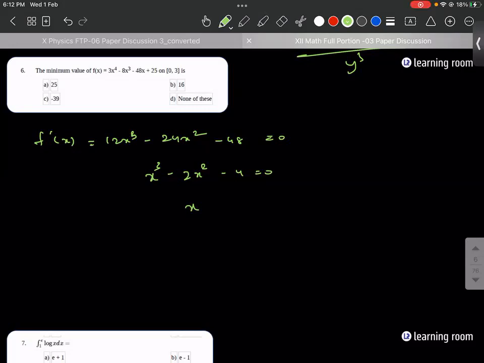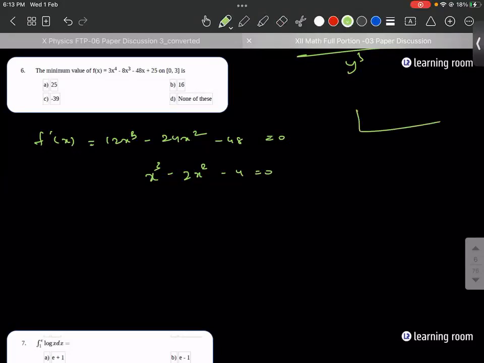Then what else can we do? So what is the value of x that you have substituted?